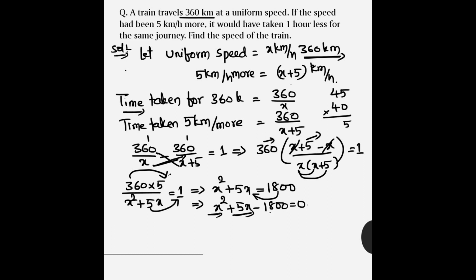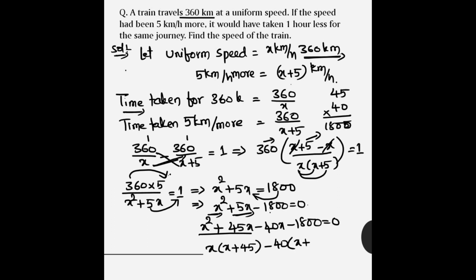So we write it as x square plus 45x minus 40x minus 1800 is equal to 0. From the first two terms we take x common, and x plus 45 remains, and from the last two terms we take 40 common, so it becomes x plus 45.